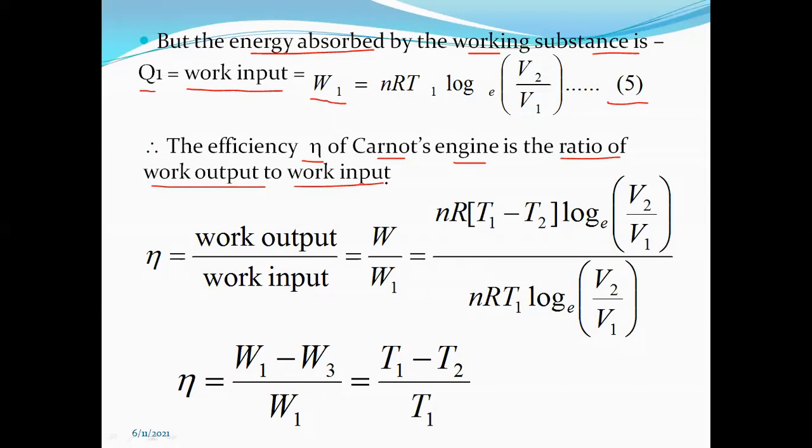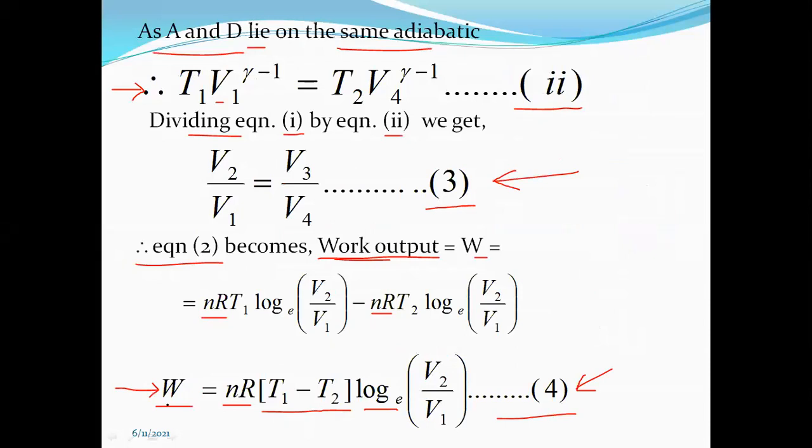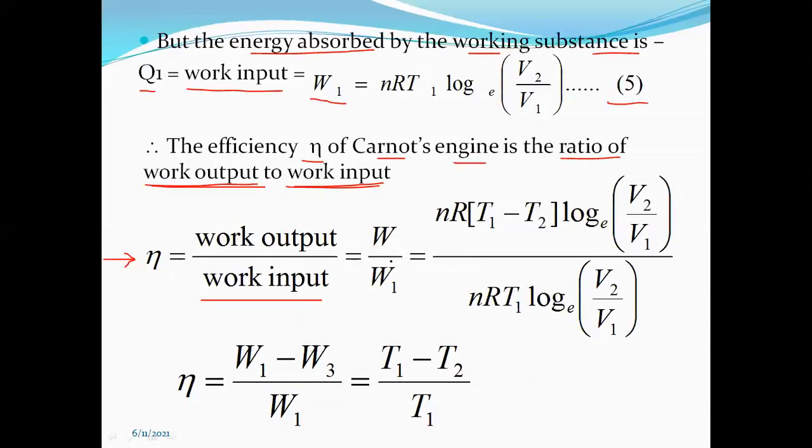So eta, that is the efficiency of Carnot's heat engine, is equal to work output divided by work input. Work output is this W. So this is work output W divided by W1, which is the work input.